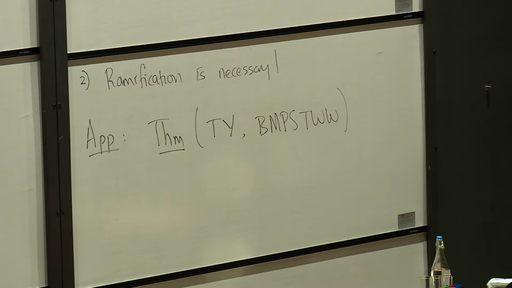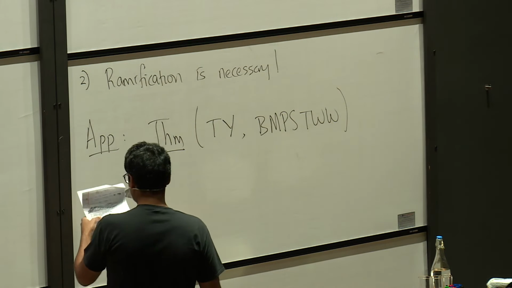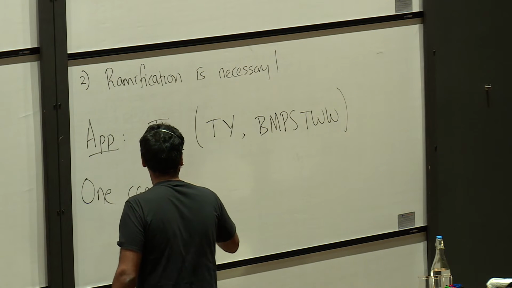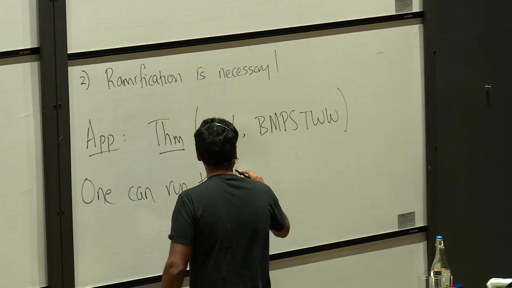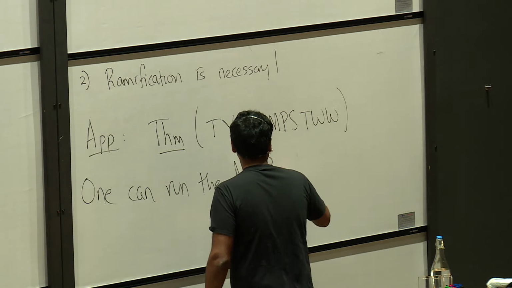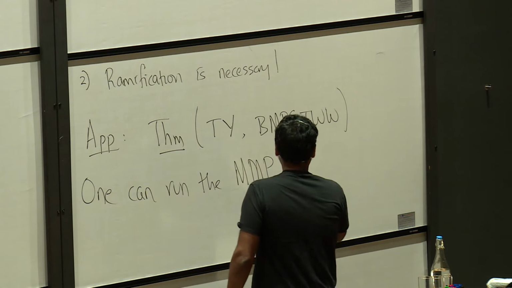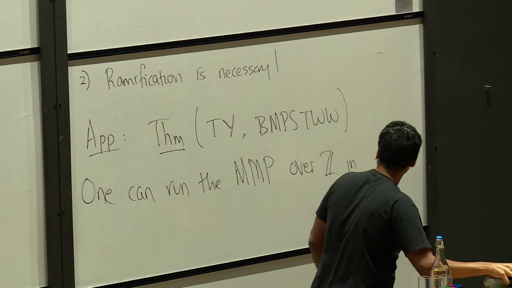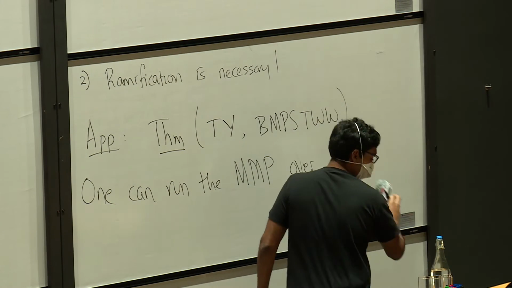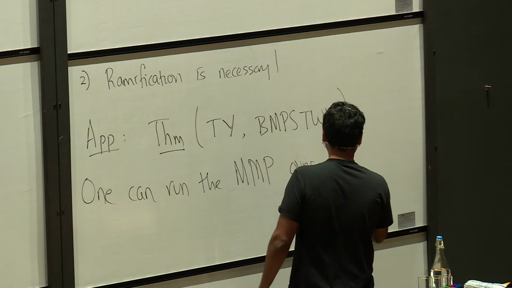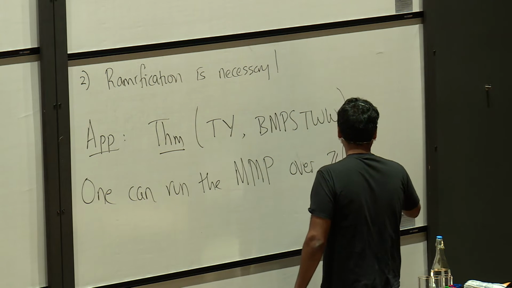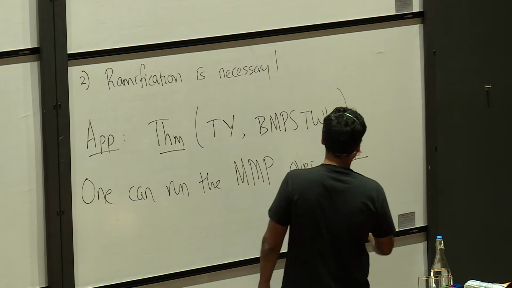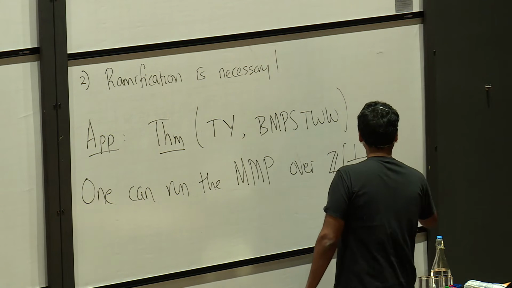And the theorem essentially, very informally, is the following. One can run the minimal model program, which is some kind of a surgery for algebraic varieties, over Z[1/30]. Or actually, I should say Z adjoin 1 over 2, 3, and 5. We have to stay away from 2, 3, and 5. So 2 times 3 times 5, 30, in dimension 3.